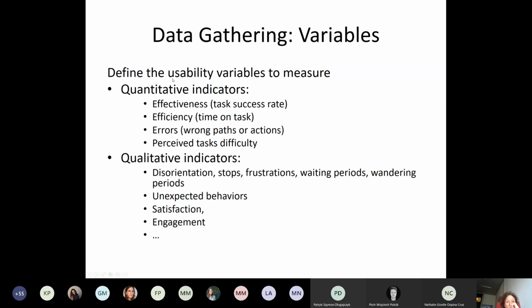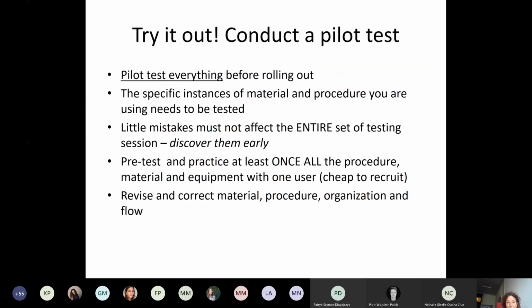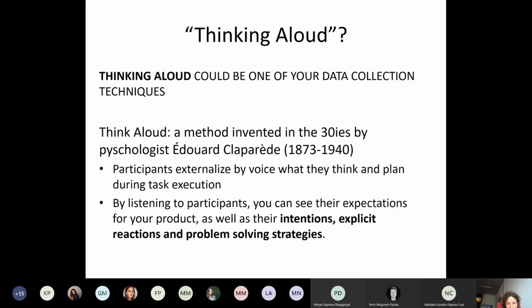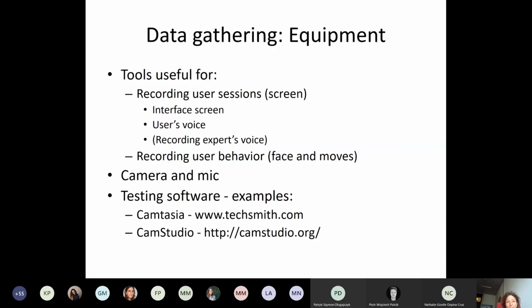Concerning the variables, you have to distinguish between something that can have a quantitative value and something which has a qualitative value. Examples of quantitative variables are effectiveness, the so-called task success rate, which is defined, okay, for some reason the slide's not here.